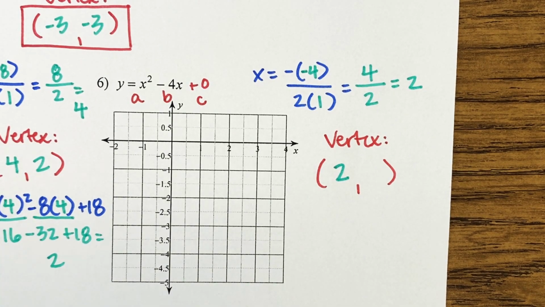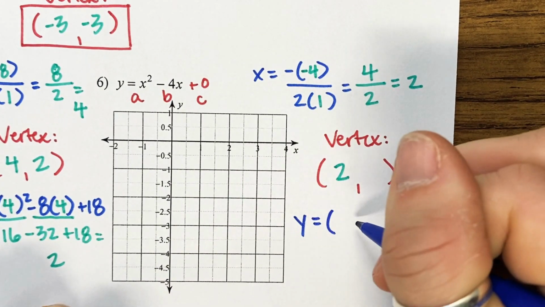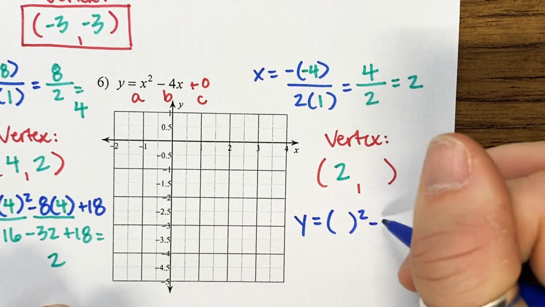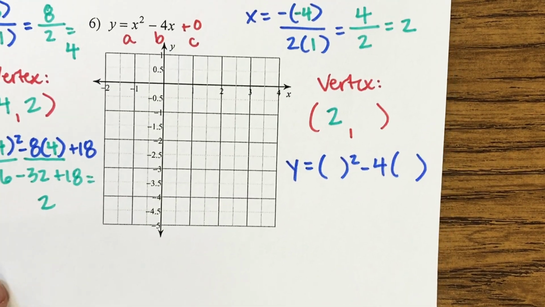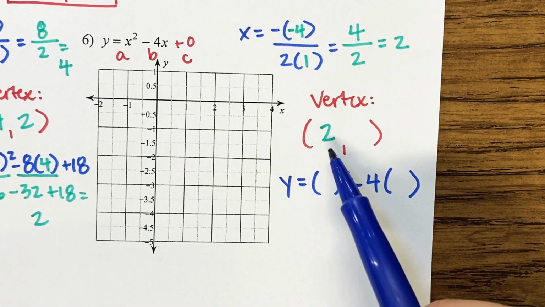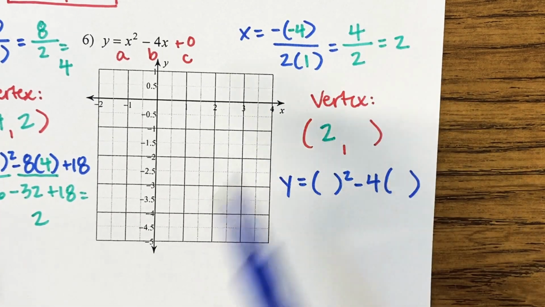Okay. Awesome. Now we're going to use that to solve for y. So I have y equals x squared minus 4 times x. Okay, and everywhere I have that x, we're going to plug in 2 because we know that x equals 2.